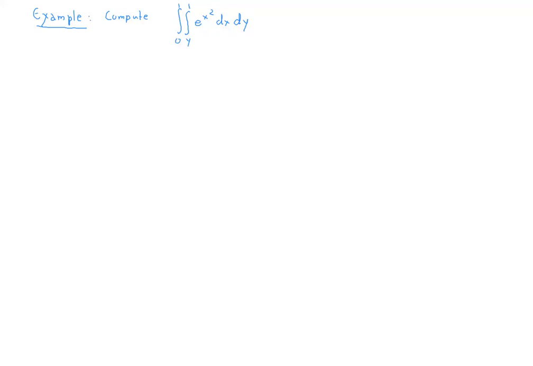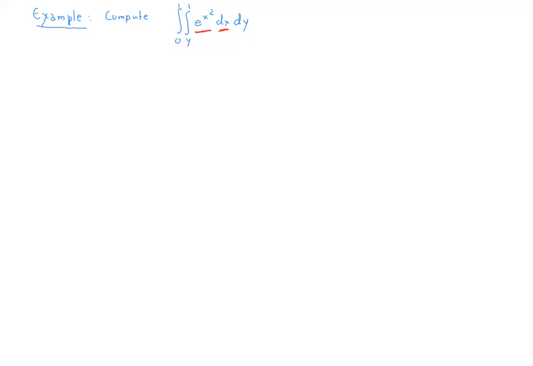But the problem is that the first integration, take a quick look at it, is impossible, at least in a narrow sense, in the sense that you cannot find explicitly the antiderivative of e to the x squared in terms of simple functions.